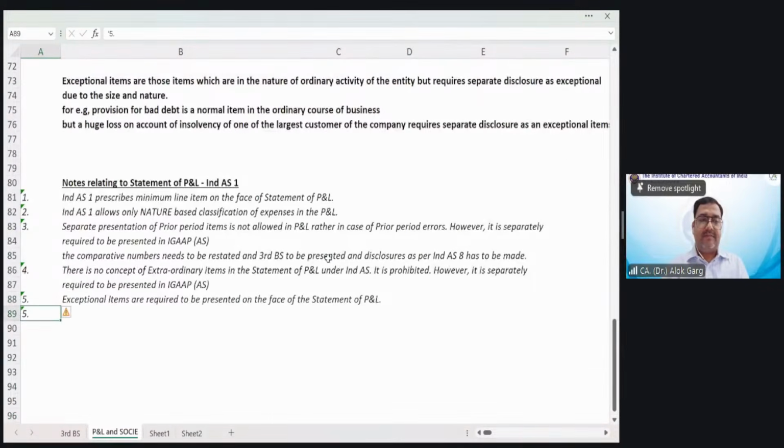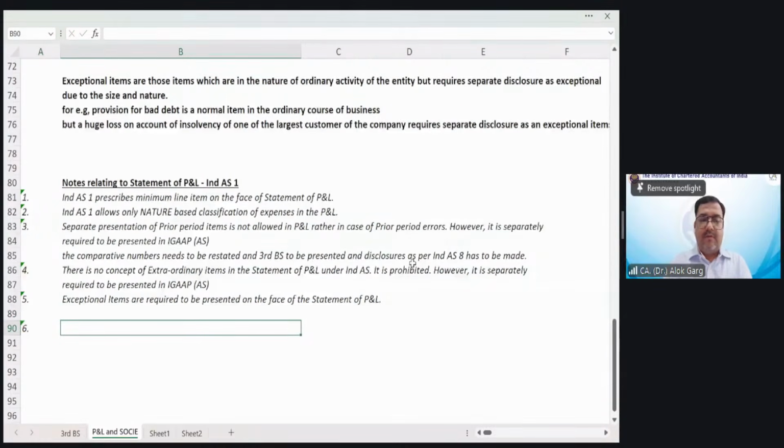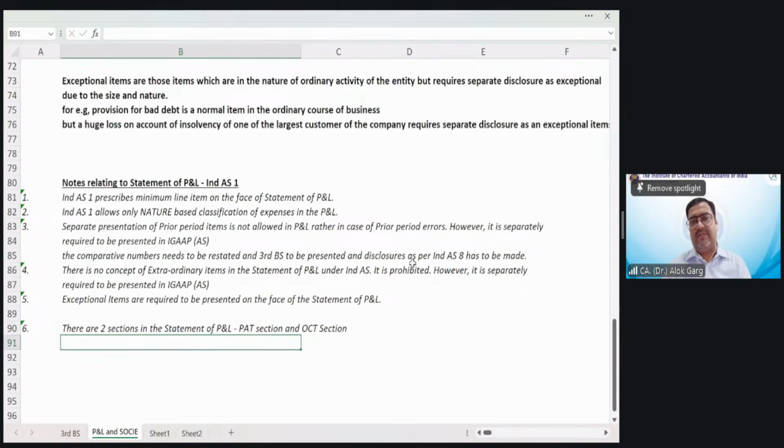Point number 6. There are two sections in the statement of P&L. Number 1 is the PAT section and the OCI section. Okay, PAT section and OCI section.